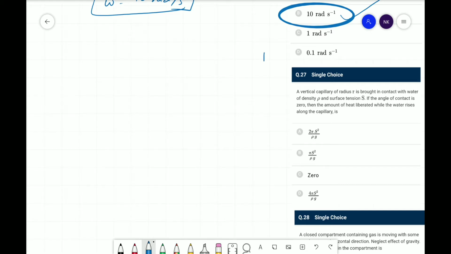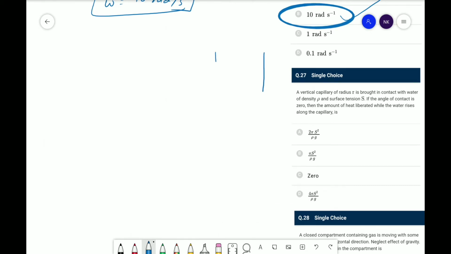So suppose you can say that there is a capillary tube in which we have filled water like something this, okay, and there is a capillary tube. So in the capillary tube water will rise. Water will rise to h height.